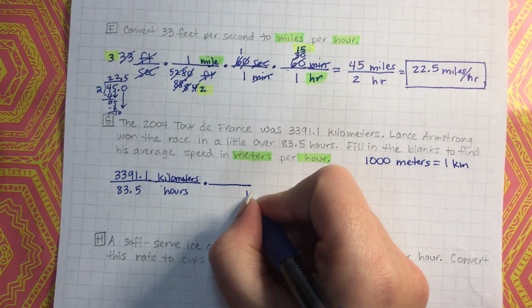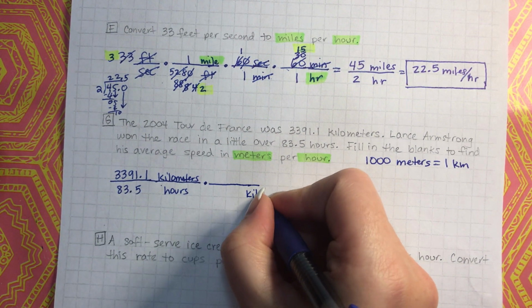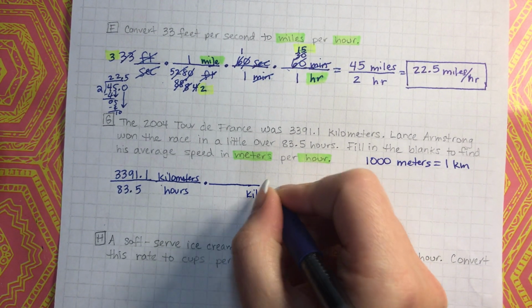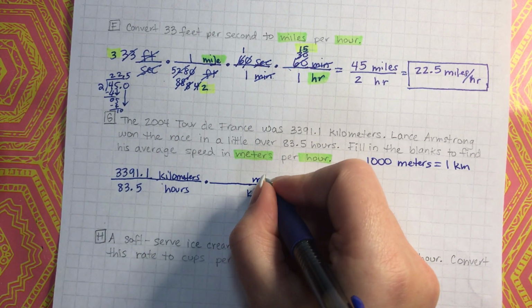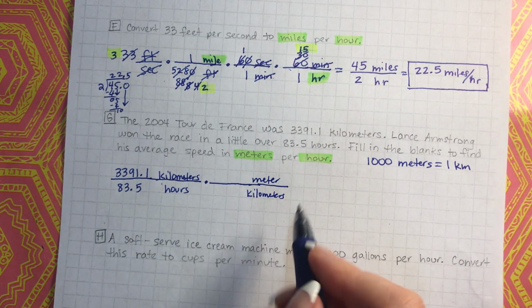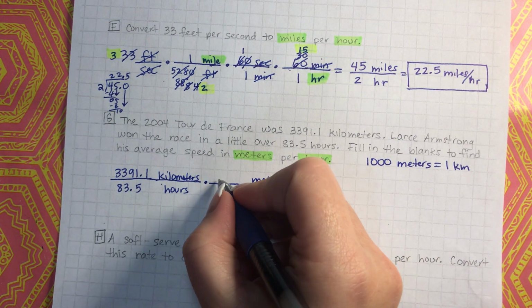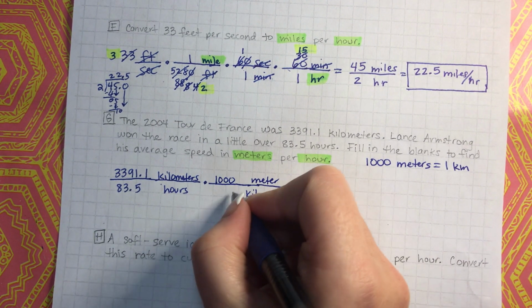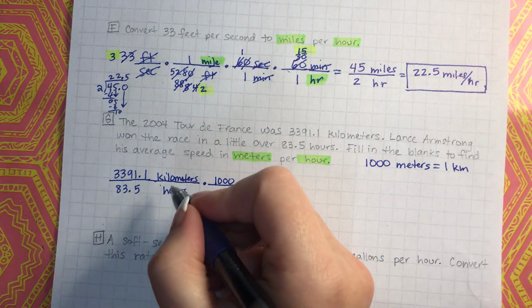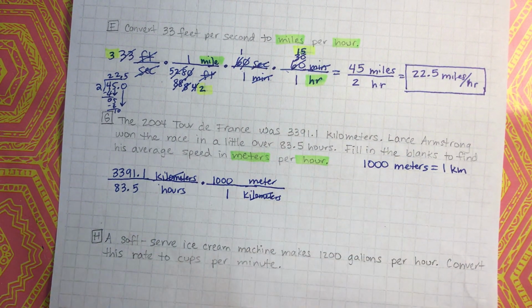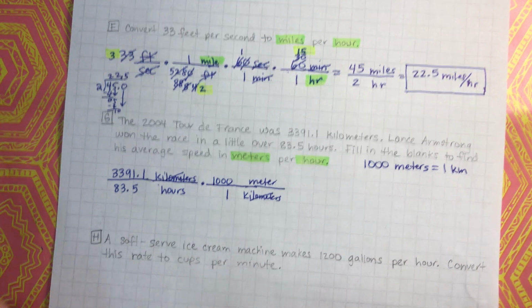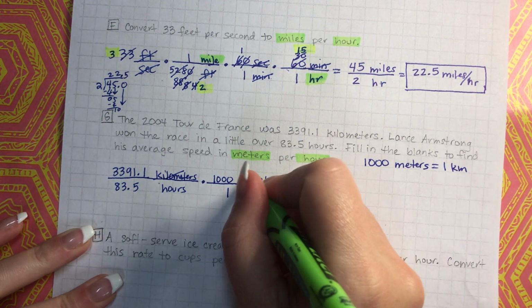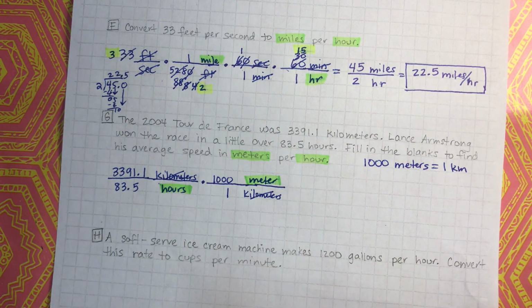So we need to put that on diagonally, and then we put meters on top. And what's the relationship we know? We know that there are 1,000 meters in 1 kilometer, and the kilometers cancel out, and what we're left with is meters per hour, which is exactly what we need.